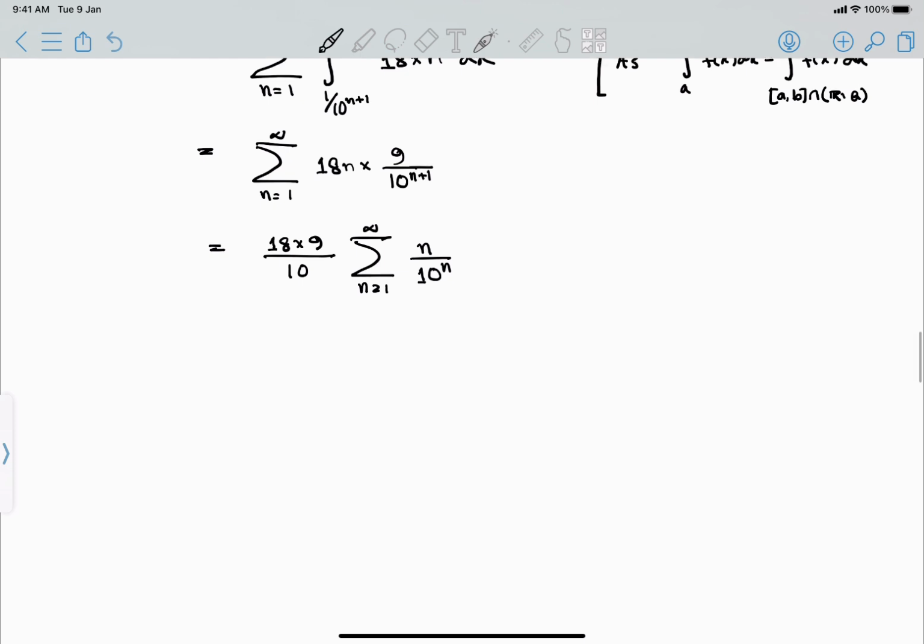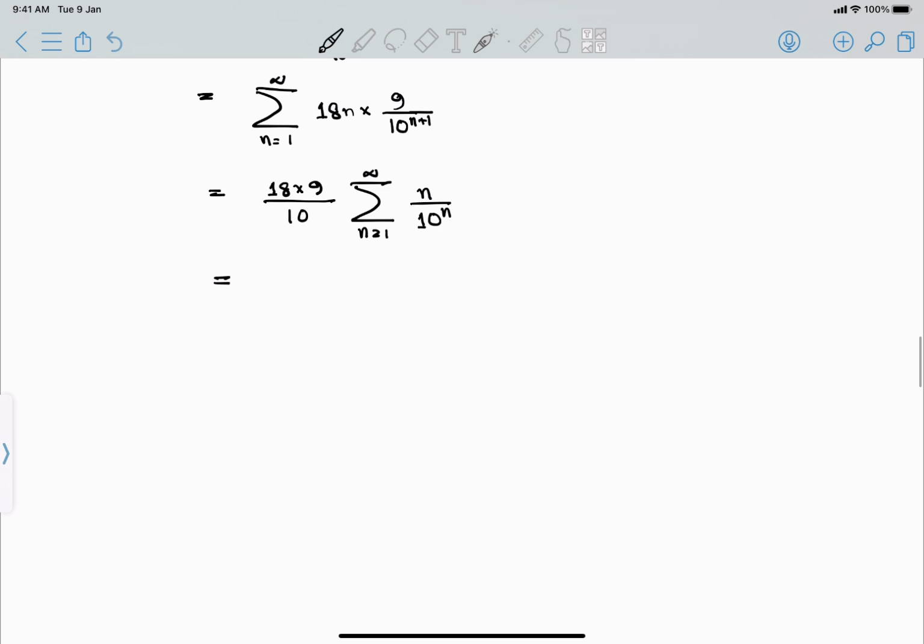If you sum this series, you will get 10 by 9 square.